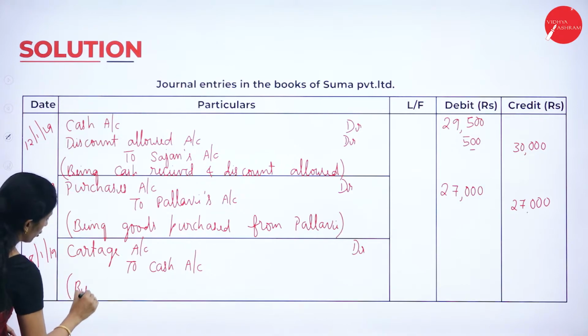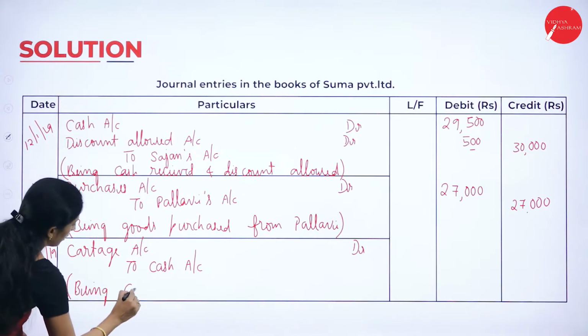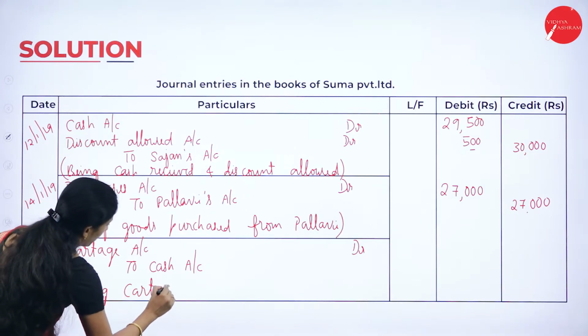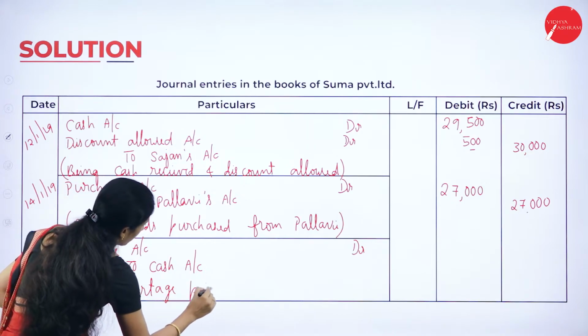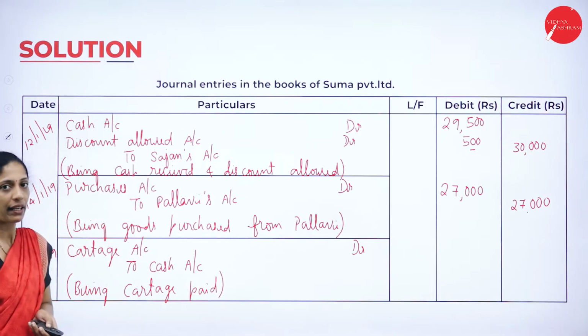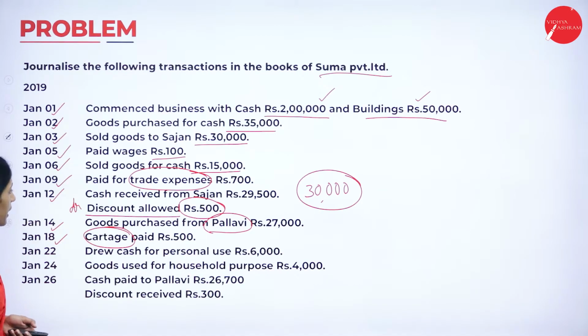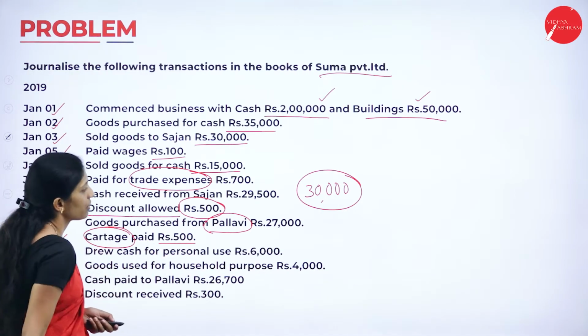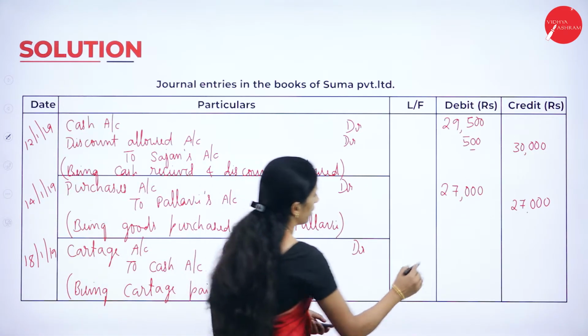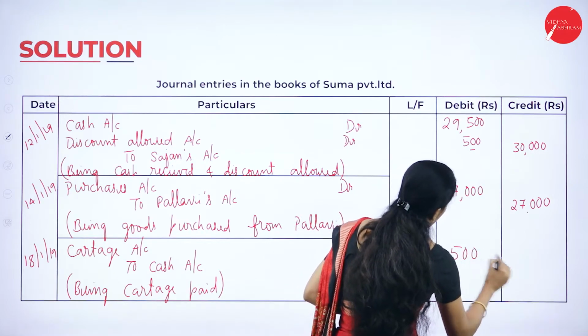So what is the narration? Being cartage paid. Close the bracket. And what is the amount of cartage? 500. So record this 500.